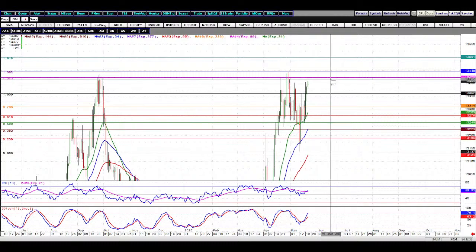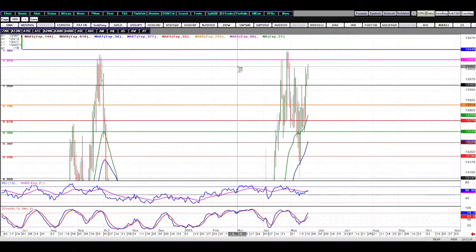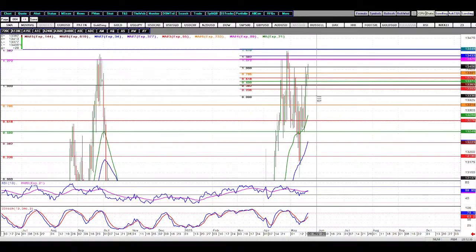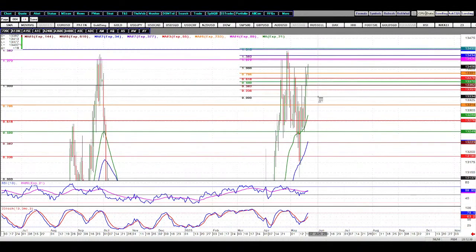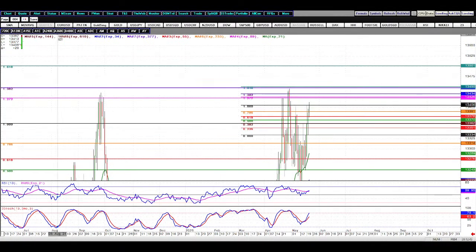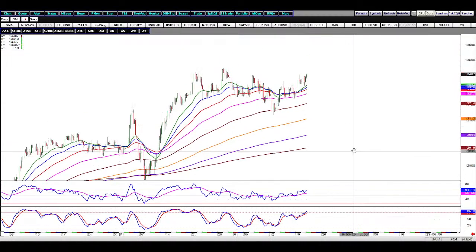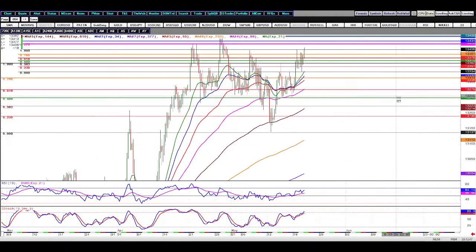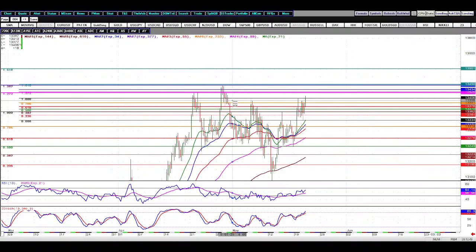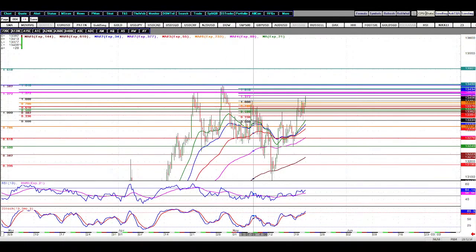Here we are looking at 34.50 and 35 on the weekly, 34.50 on the daily, and on the hourly we are expecting either 34.20 or 34.50.